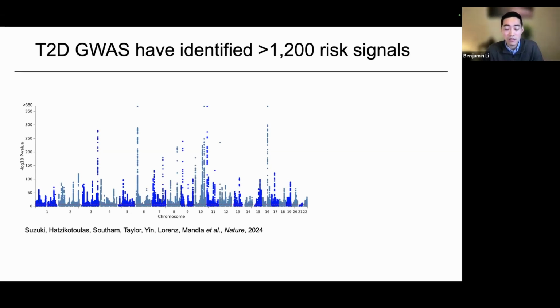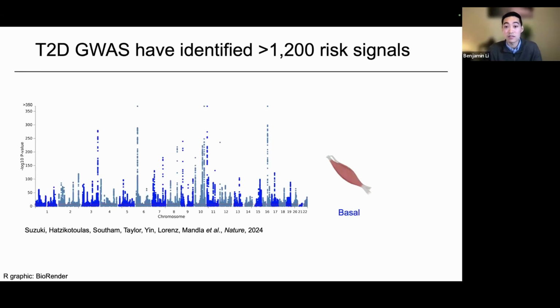Another reason is that a lot of these risk signals may exert influence over a disease state only in specific cell types. So perhaps whole blood, or for type 2 diabetes, we commonly think of pancreatic islets, skeletal muscle, adipose tissue. And furthermore, a lot of these risk signals may exert influence on the disease only in specific stimulatory contexts.